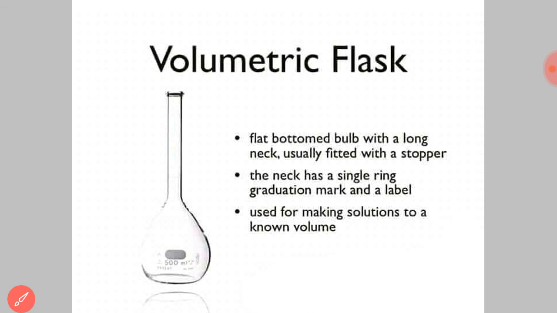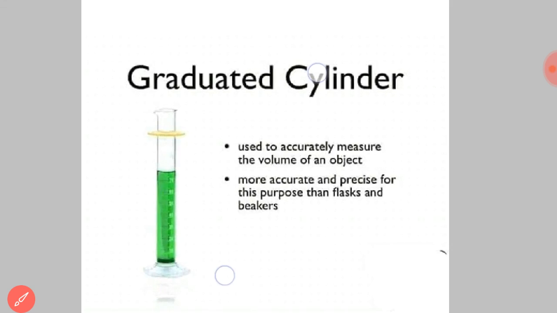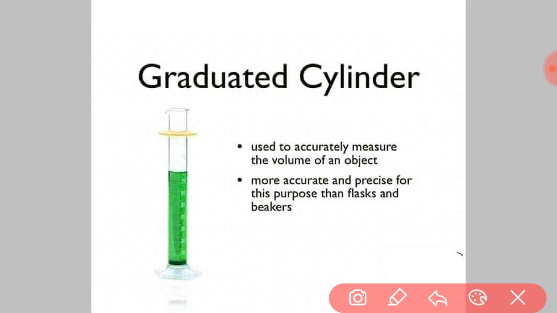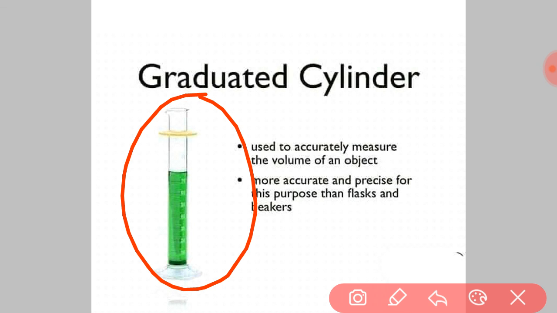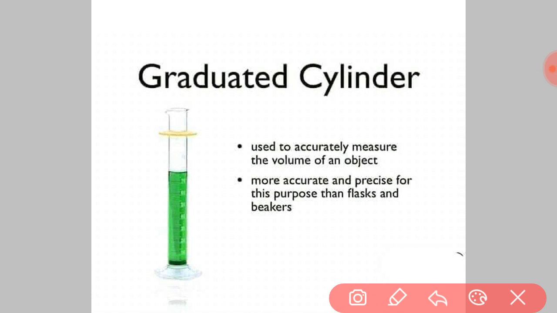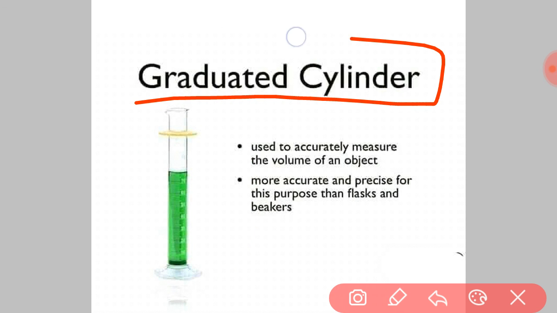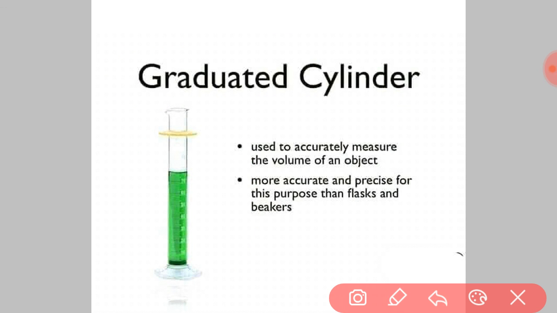Going to the next, the next apparatus is the graduated cylinder, one type of apparatus helpful for measuring the volume of chemicals and storing chemicals. See this, its name is graduated cylinder.